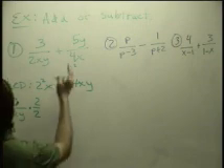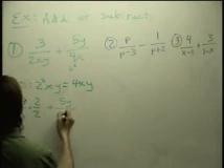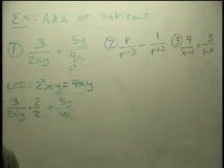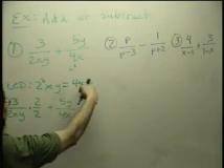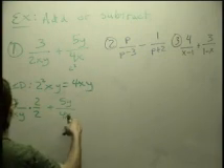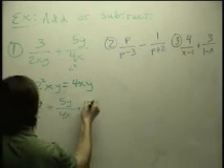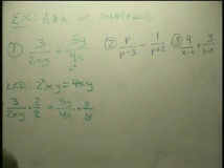Okay, now the other one, 5y over 4x. To turn 4x into 4xy, the y is what's missing. I need a y in there, so I'll have to multiply by y over y. Okay?